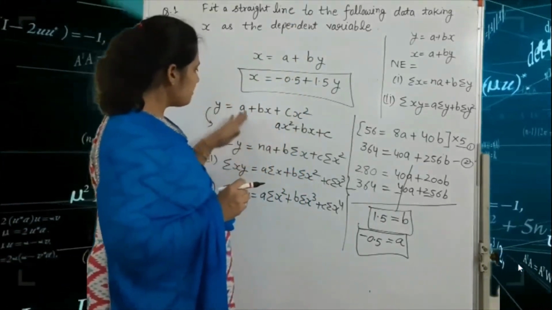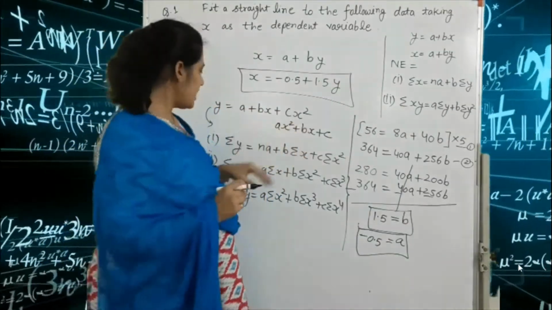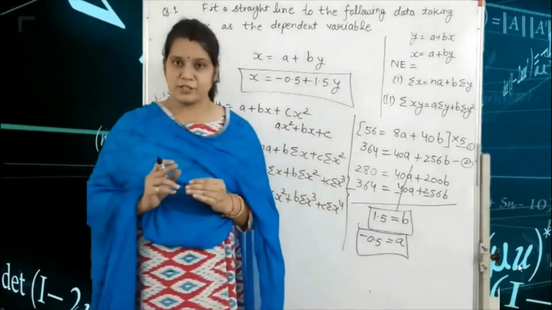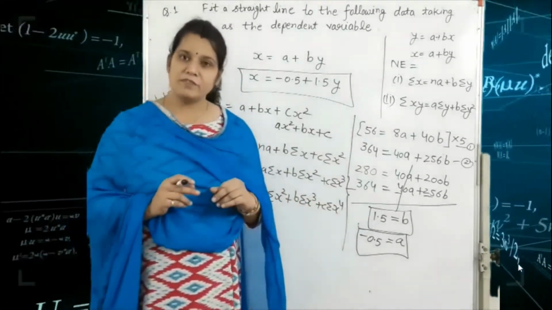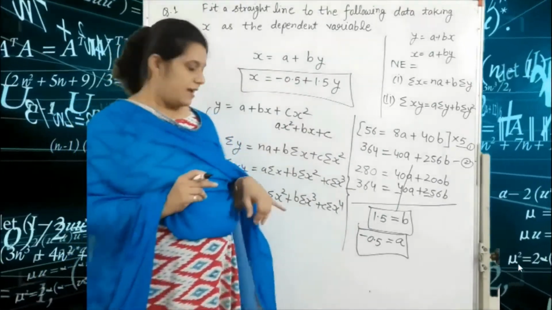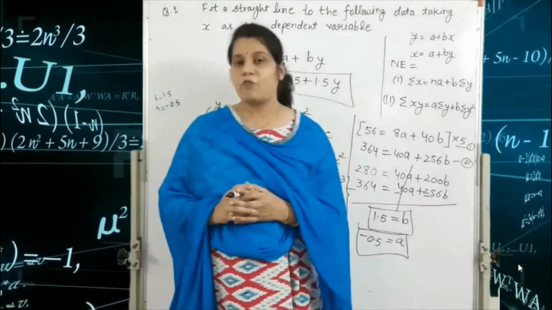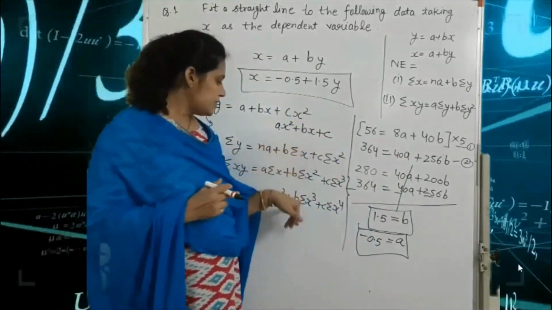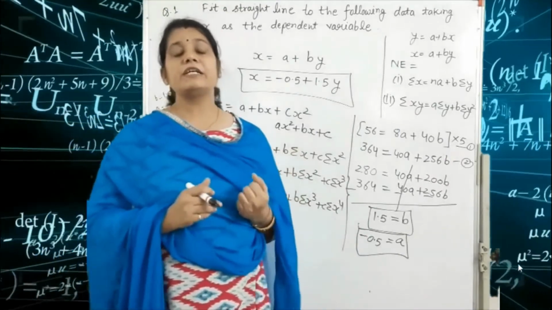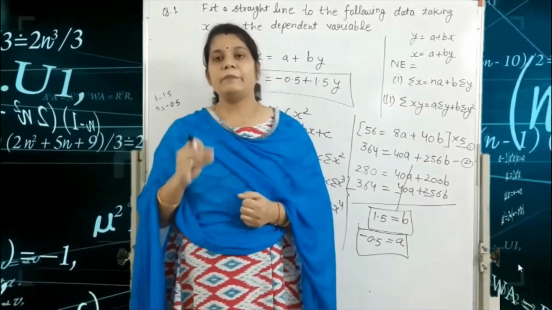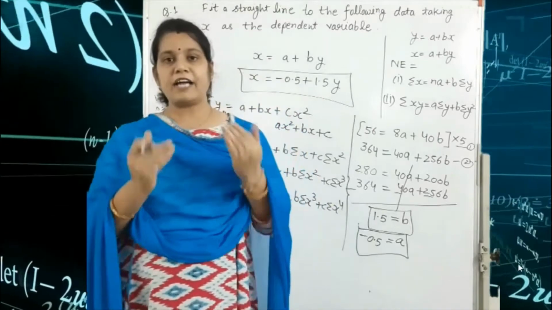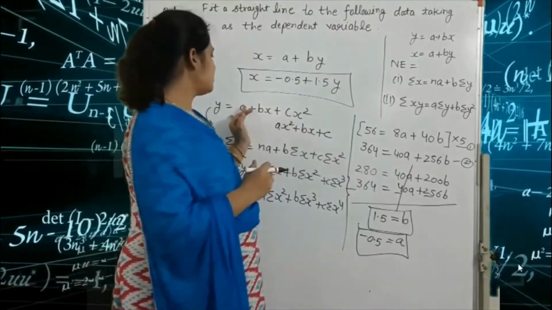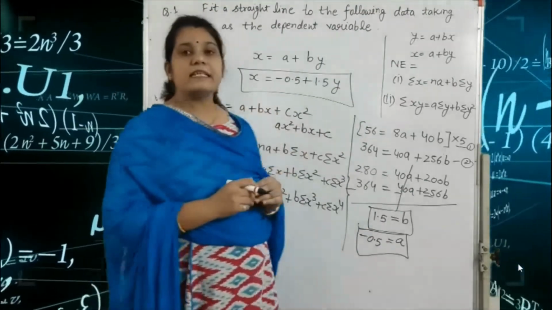So if we find the quadratic equation, we need the column of x square, column of x cube, column of x raised to the power 4, column of xy, and the column of x square y. So after finding all these values, we put them in these three equations, and after that we find the constants a, b and c, and put the values in the quadratic equation. So y is equal to a plus bx plus cx square.